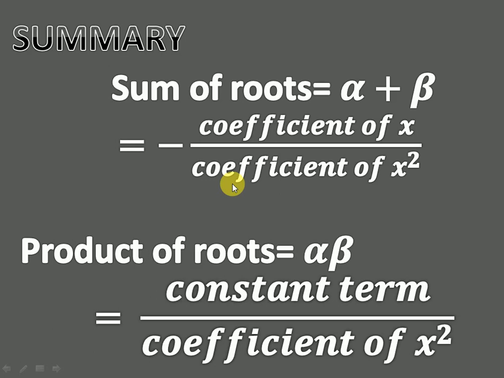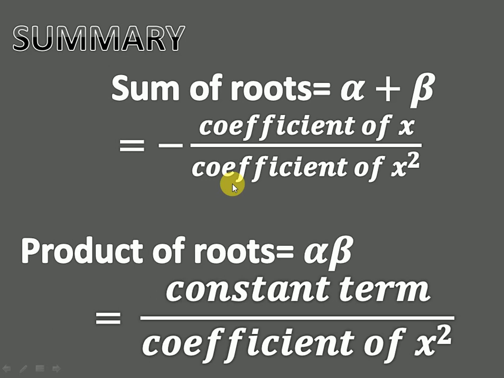Next, the product of roots alpha beta is actually the same as the constant term c divided by the coefficient of x squared, which is a. Now, these two results are actually very important, and you should memorize them or know how to derive them, because these two results are often used in examinations on sum and product of roots.